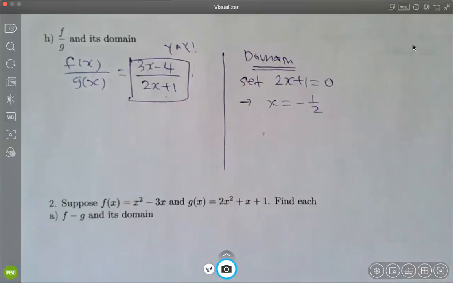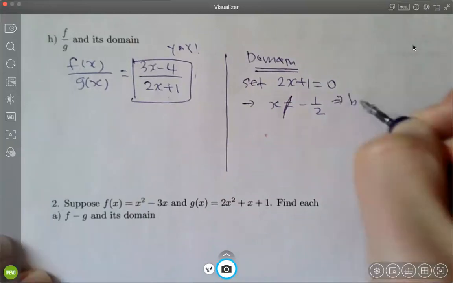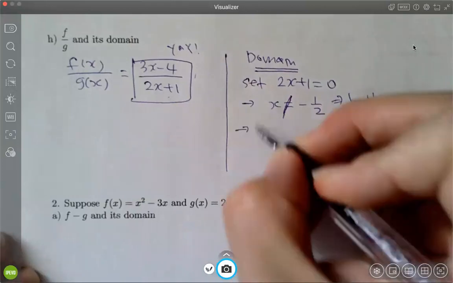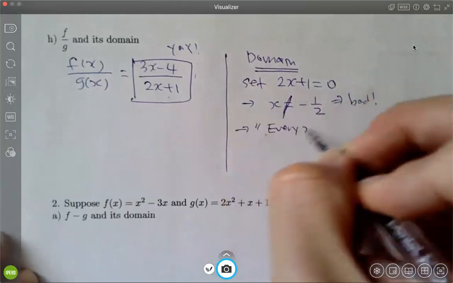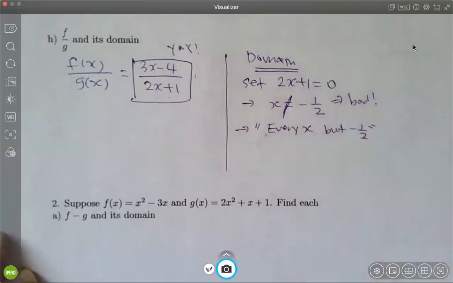Okay, so in particular, what does this mean? X cannot be equal to -1/2 because that's the bad value, right? Okay, so what's the domain in words? The domain is every x but negative 1/2, right?